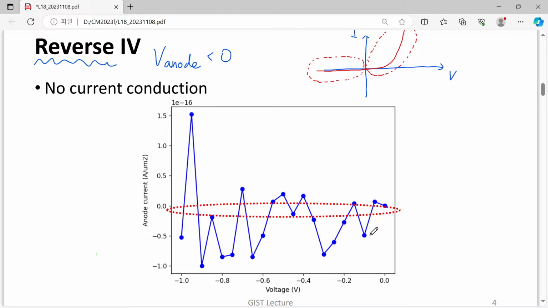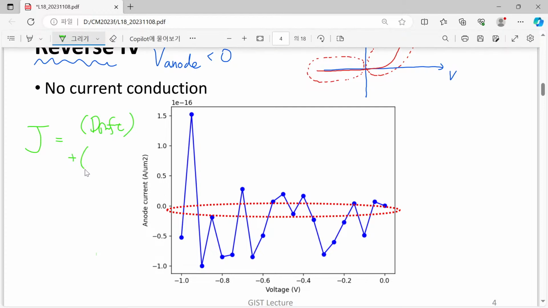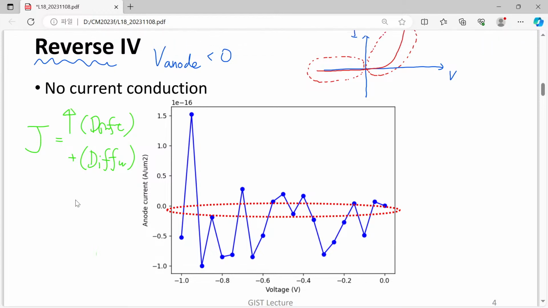The only point is, our current is given by just a sum of drift term and diffusion term. And in this special case like reverse IV characteristics, there is a huge amount of drift term and a huge amount of diffusion term, and they are perfectly matched to each other.